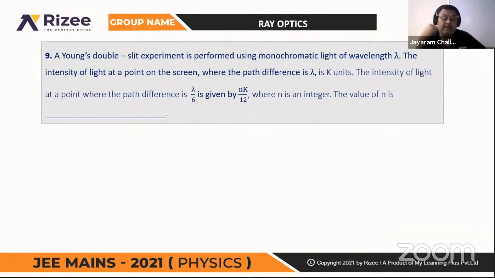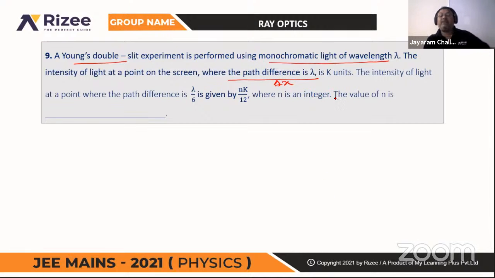Next, question number 9 here. In a Young's double slit experiment performed with monochromatic light of a single wavelength, the intensity of the light at a point on the screen where the path difference delta x is lambda is K units.